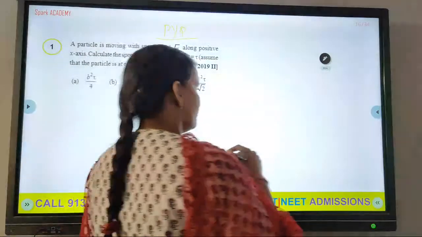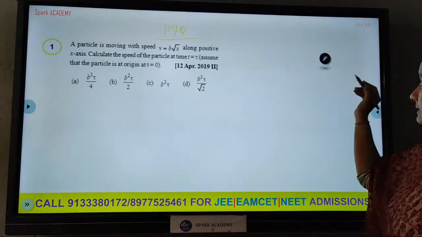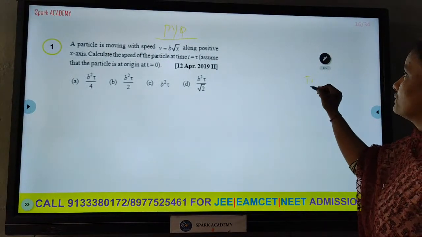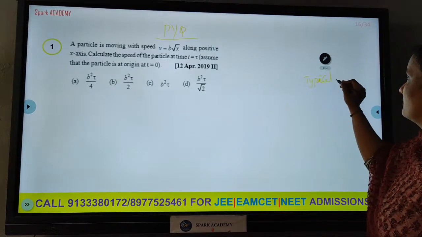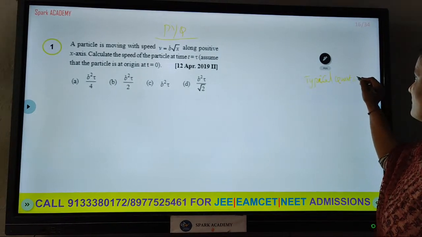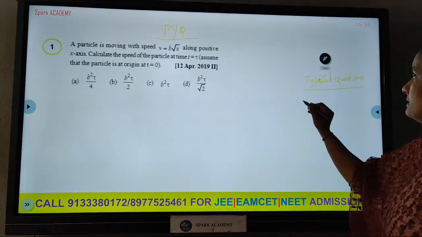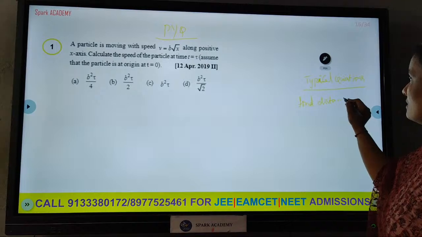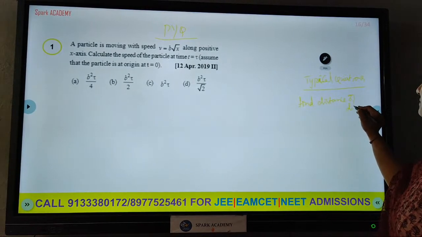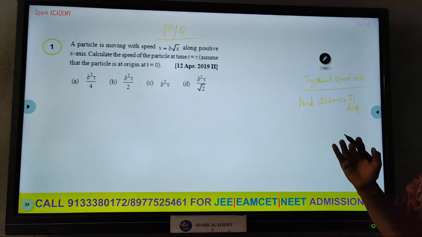Mainly, let me give you the typical questions you need to practice. They can ask questions like: find the distance or displacement when an object changes direction.